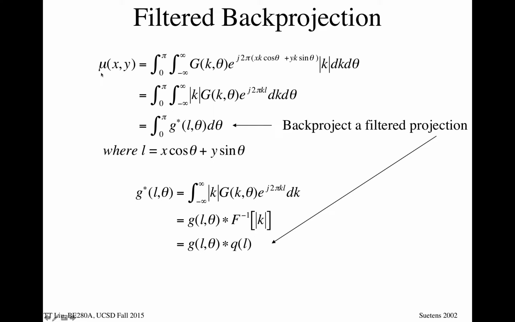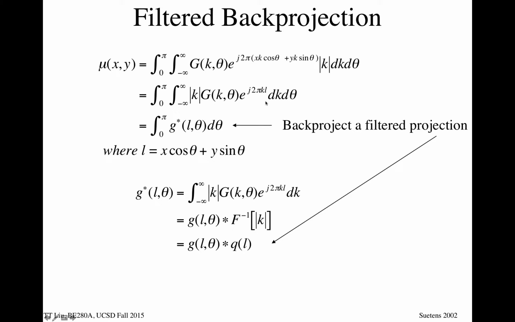So if we go back to our back projection example, here's mu xy. This is our target. We want to image it. This is what we've measured. This is the inverse Fourier transform to get there. This we can couple as an integral over k. So we're just going to do the integral over k first, and that's going to give us a function of L, where what we have to do now is integrate over theta.